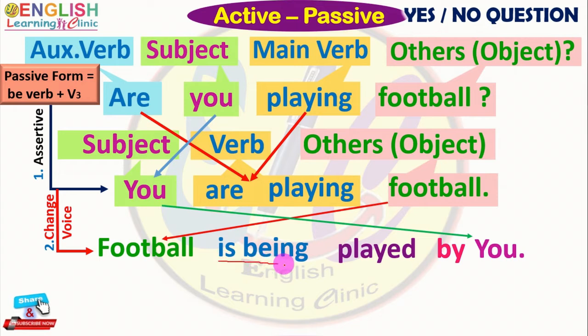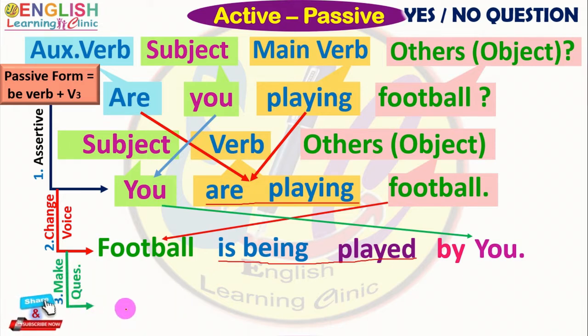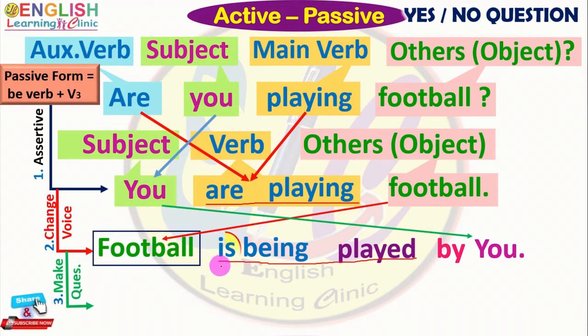This is the passive form of the verb play, and this is the active form of the verb play in present continuous tense. But you are instructed to change the voice of the verb in this interrogative sentence. So, to have the complete answer, you have to just make it question again. To make it a question, you have to again just interchange the place of football and the auxiliary verb is.